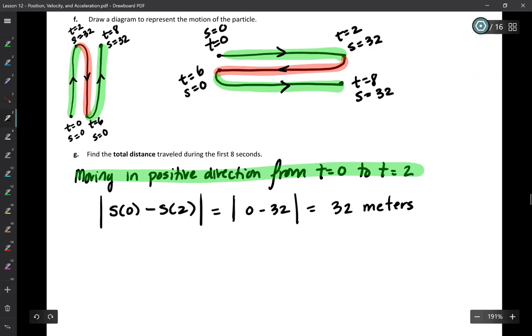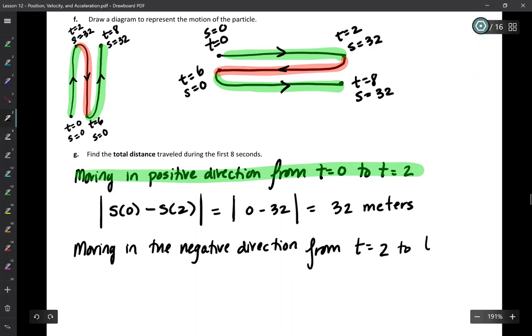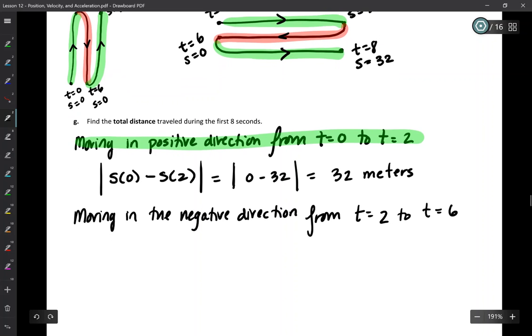But then the particle is turning around and it's moving in the negative direction. And that's from time 2 seconds to time t equals 6 seconds. If I just look at the position at 2 seconds, the position at 6 seconds, and take their difference and absolute value, I'll have the distance traveled there.